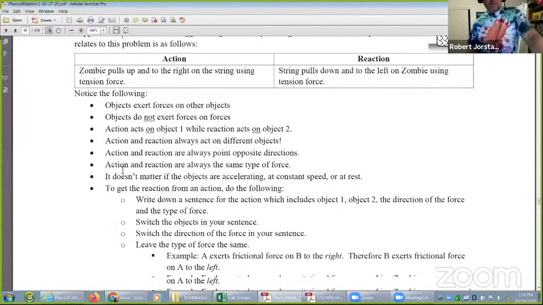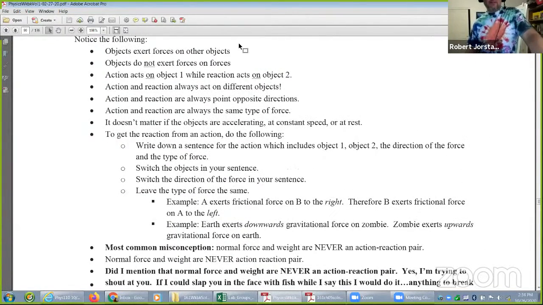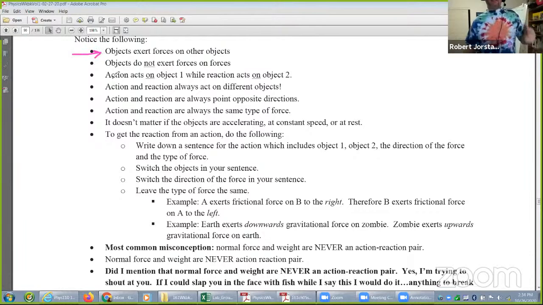Here's some examples. Here's some stuff to notice. Okay, just some wording. We do not say these first two go together. Objects do not exert forces on forces. You can't say there's a normal force exerted on gravity. That doesn't make sense. Normal force and gravity are both forces.